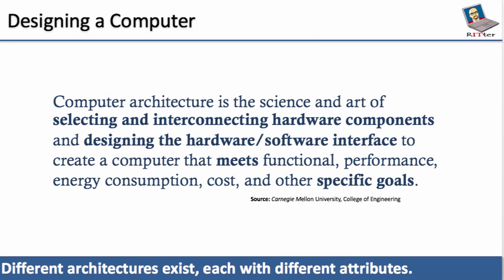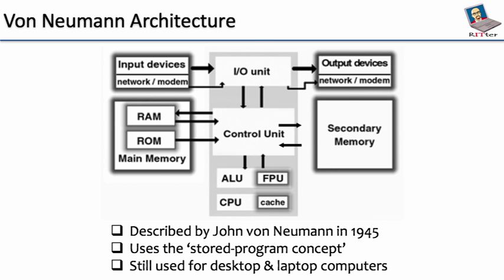If I go back, one of the early architectures that appeared was the von Neumann architecture, and this is still very evident today in what I'd call your traditional computing devices. Your desktop and laptop computing devices today still largely use this von Neumann architecture.